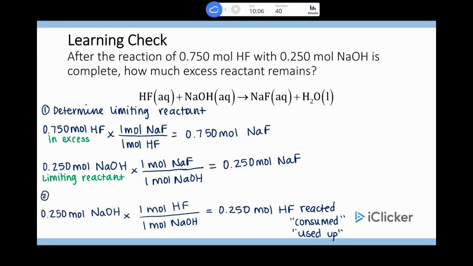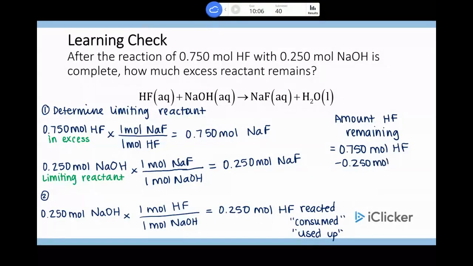So that means the amount of hydrofluoric acid remaining is the total amount, 0.750 moles, minus the amount used, 0.250 moles, so 0.500 moles HF remains.